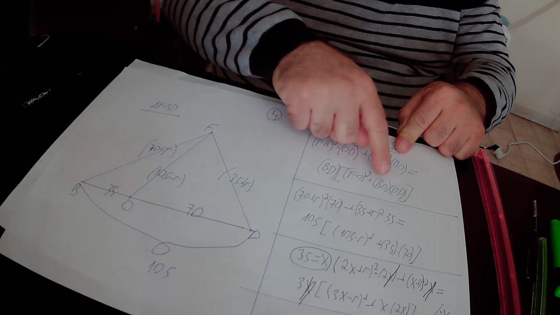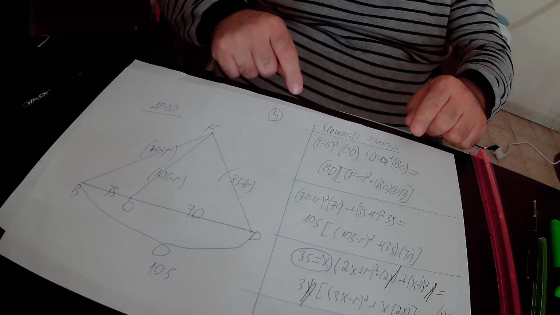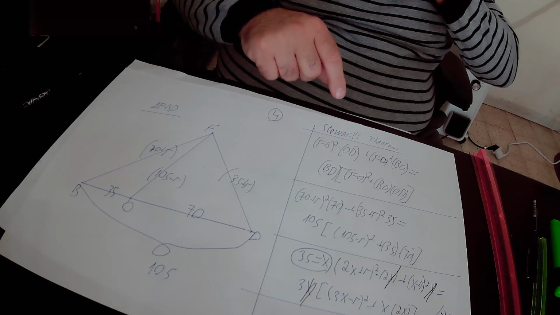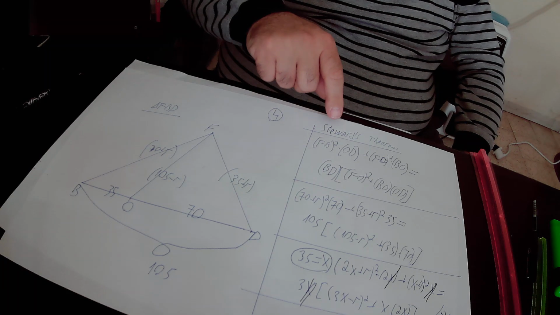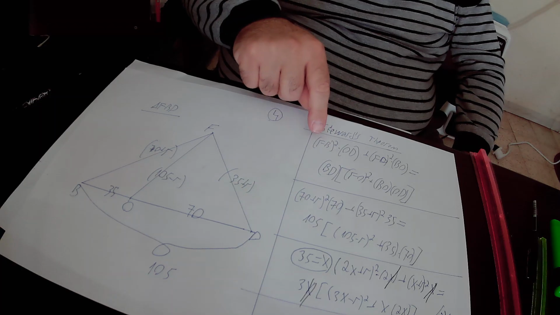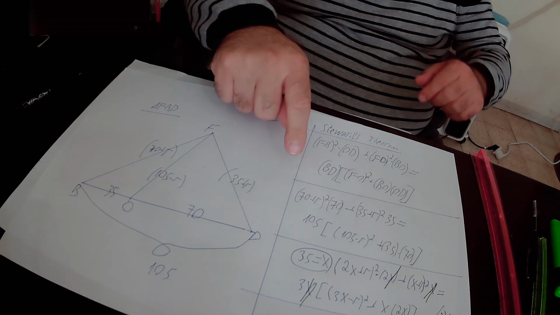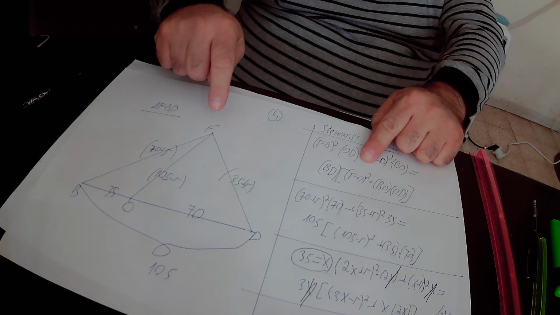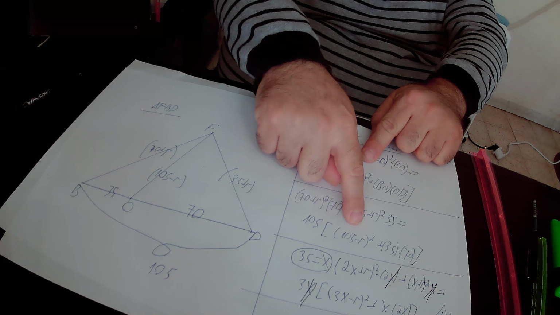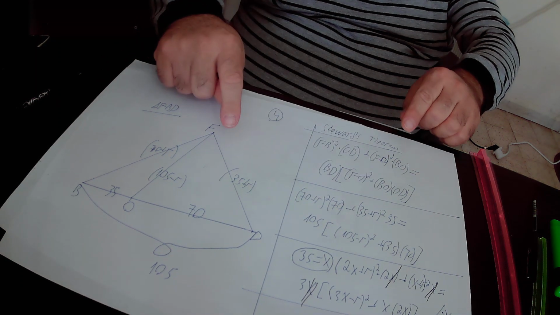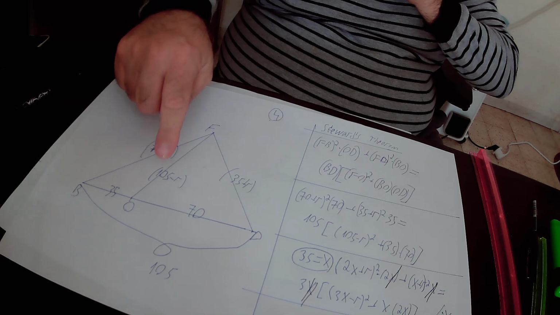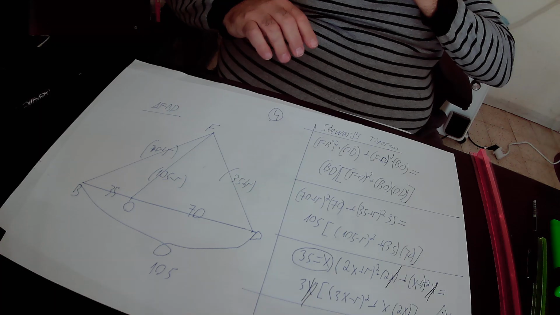BO is 35, so we substitute BO by 35. Then, on the other side of the equation, we have BD. BD is 105, so we substitute BD by 105. Inside the brackets, we have FO squared. FO is 105 minus R, therefore FO squared is (105 minus R) squared, plus BO times OD, where BO is 35 and OD is 70.